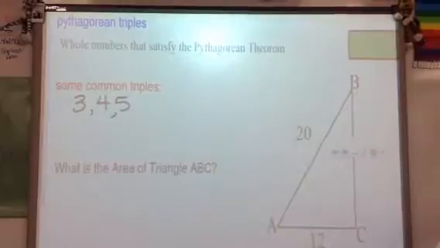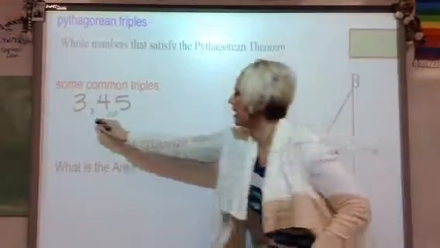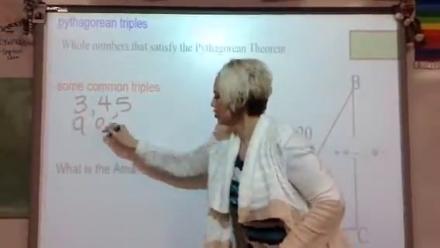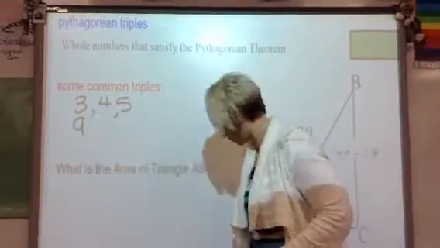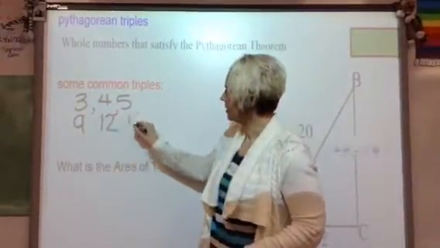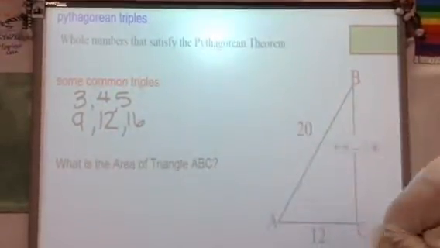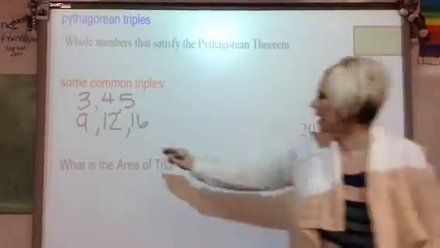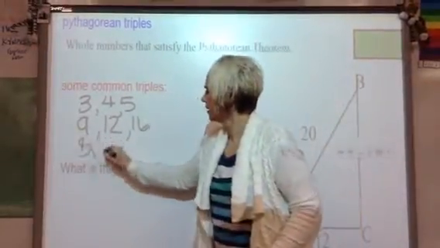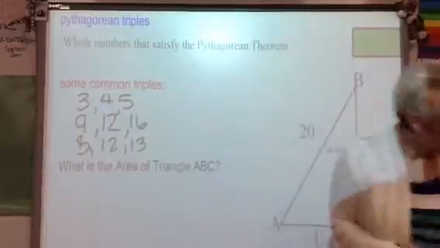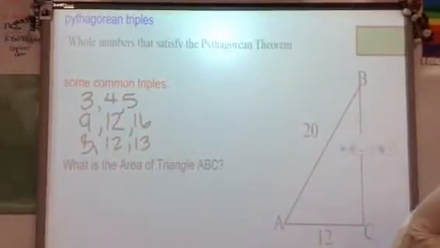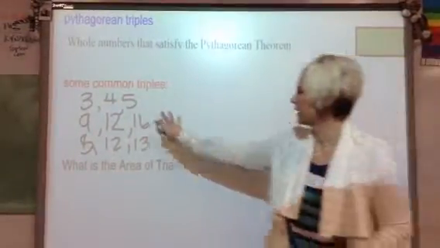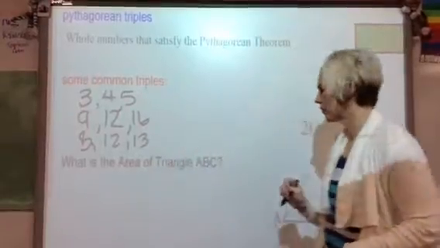Some more Pythagorean triples are 9, 12, 16, which is always going to be a right triangle, and 5, 12, 13. Another one would be any scale factor of those. I'll put a few in your notes for you.